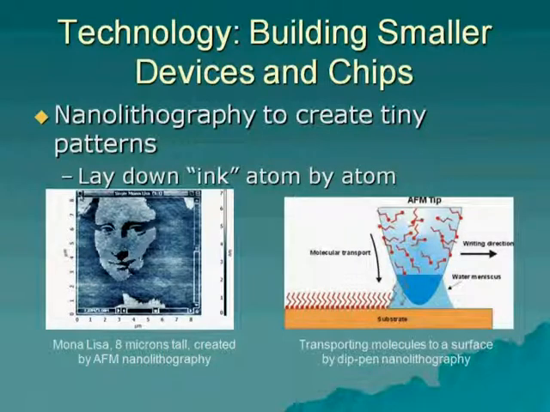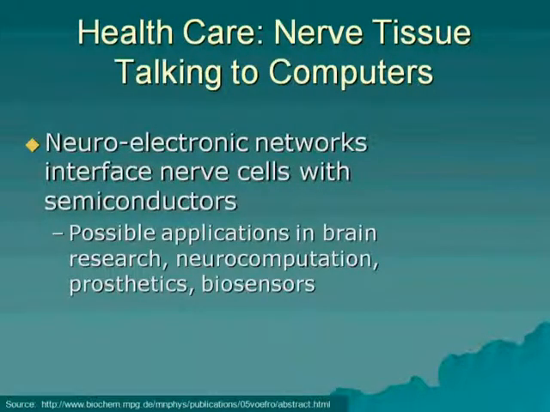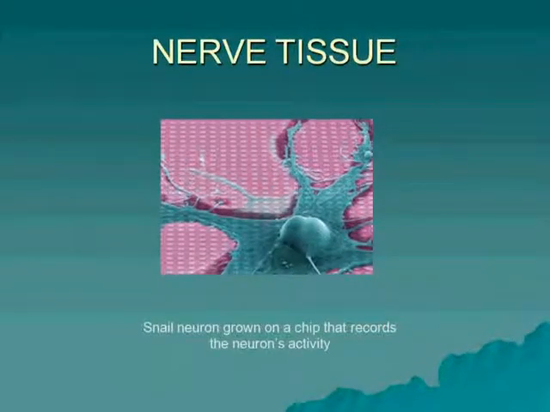With the help of nanotechnology, we can build smaller devices and chips. In the field of health, a very useful advantage of nanotechnology: nerve tissues talking to computers, neuroelectron network interfacing nerve cells with semiconductors, application in brain research, biosensors, etc. Nerve tissues: a snail neuron grown on a chip that records the neuron's activity.